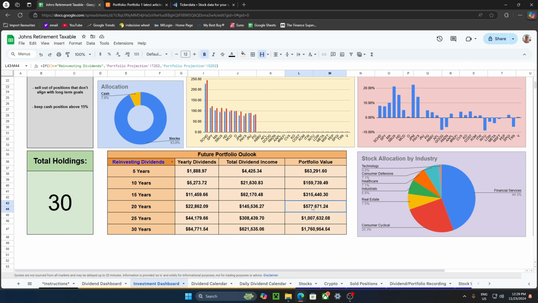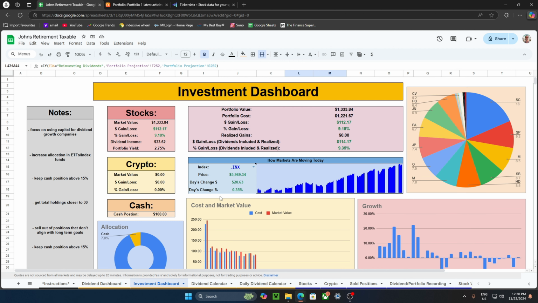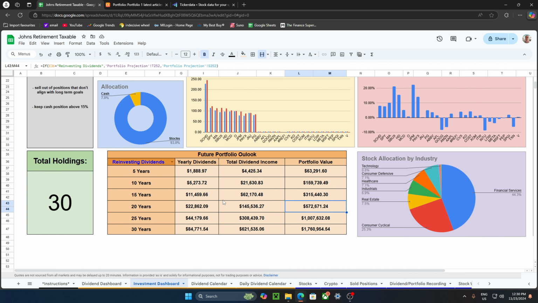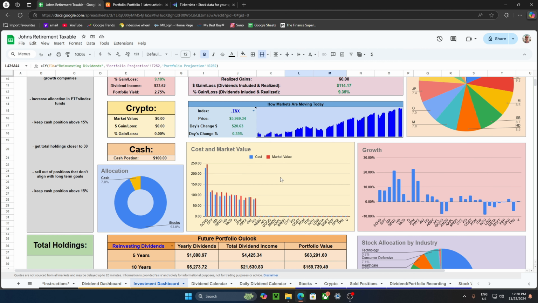In my portfolio value, this is where it's very interesting to see the difference between reinvesting and not reinvesting, because in 20 years, what was $14,000 is now $22,000 extra. That is absurd. In the portfolio value, $572,000 in 20 years, just if I keep doing what I'm doing now, which is not unsustainable. I've been doing it. You know what I'm saying?